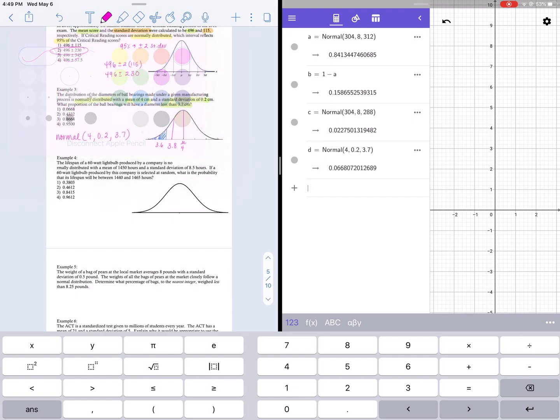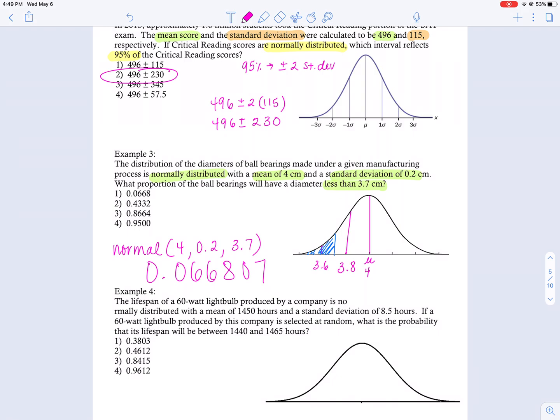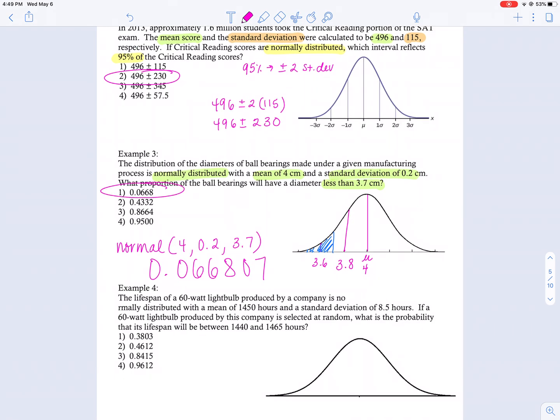Your answer should say 0.066807, something like that. So when I look for that number, it's choice 1, about 6.7%.